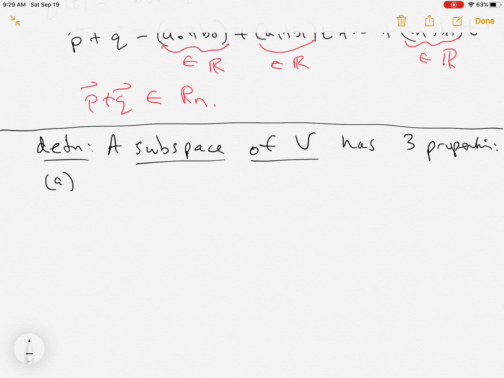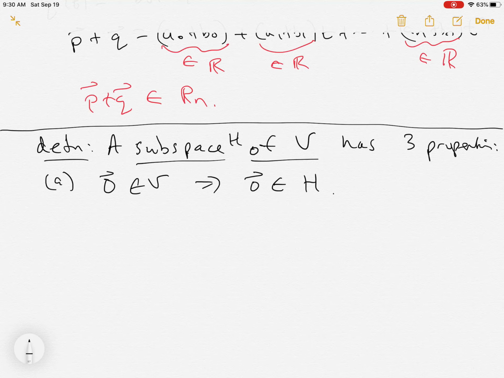So 1, the zero vector in V implies the zero vector is in H, where H is, I should have defined that, H is the subspace of V. So subspace H of V has three properties.